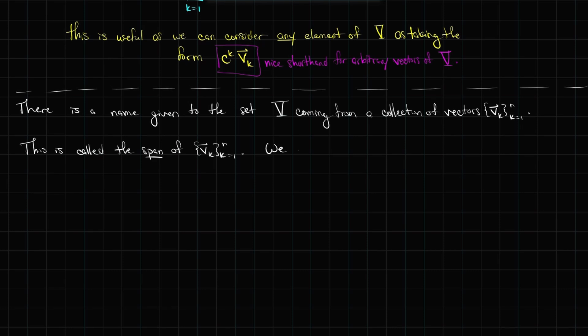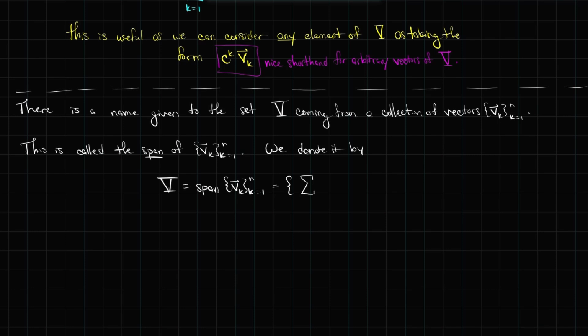Okay, we denote it by, so we'll say capital V equals the span of this set of vectors, which happens to be the same as what I've already been showing.